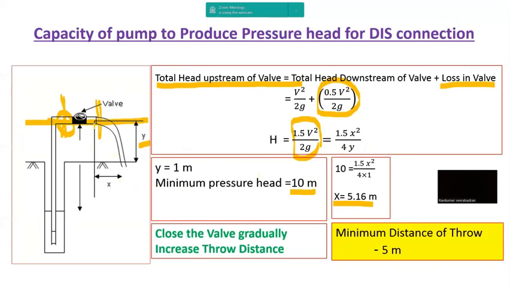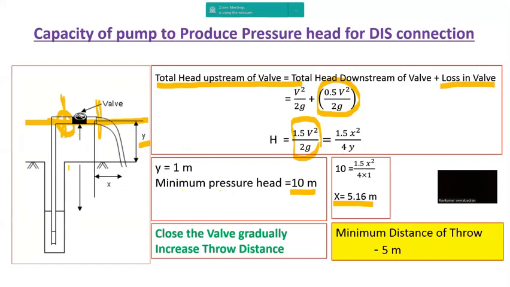The jet will be thrown to a distance of 5.16 meters. So only if you are able to get a throw distance of 5.16 meters will we be able to get a pressure head of 10 meters upstream of the valve. So how can we make use of this data in the field to test whether the pump will be able to deliver 10 meters of additional pressure head?